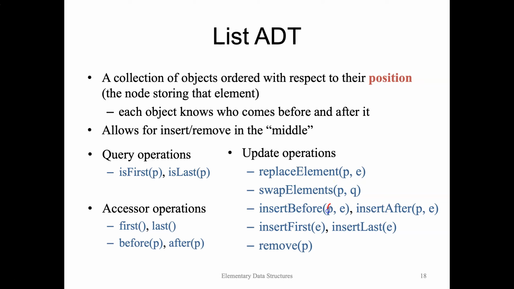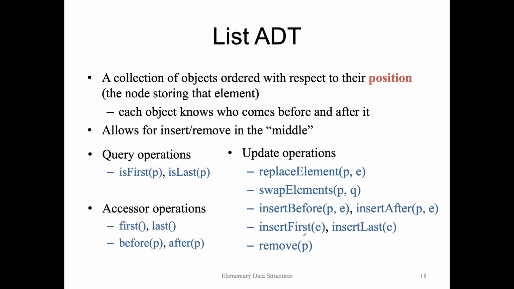Or given a position, insert a new item, this is that element we're inserting, before this position, or insert it after that position. And as sort of a shortcut to insert before the first position or insert after the last position, we have insert first and insert last. So this will create a new element, which will be the first one, or a new element, which will be the last position. And then given a position, remove it. So again, all operations are position based.